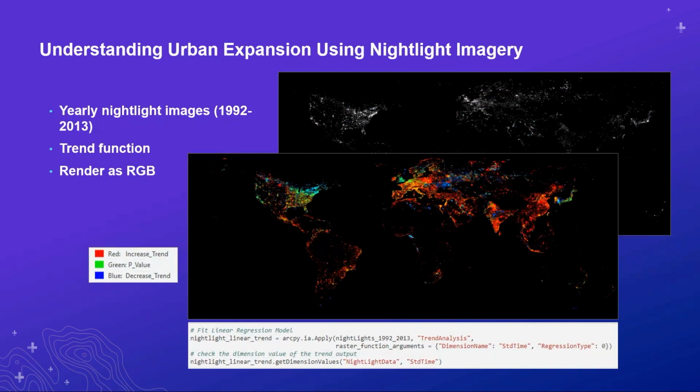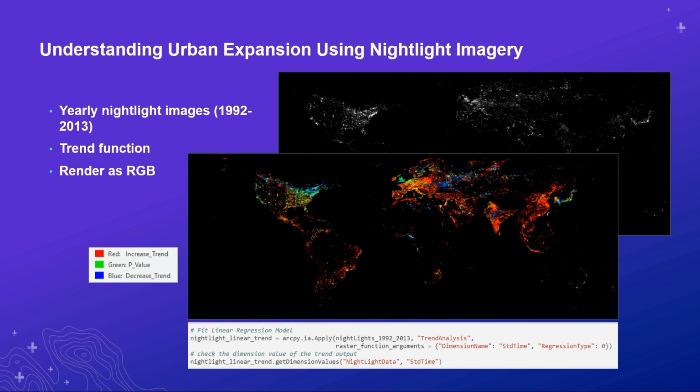And last, I'd like to end this presentation with this very beautiful nightlight trend map. The input is USGS nightlight data from 1992 to 2013, which is 20 years.